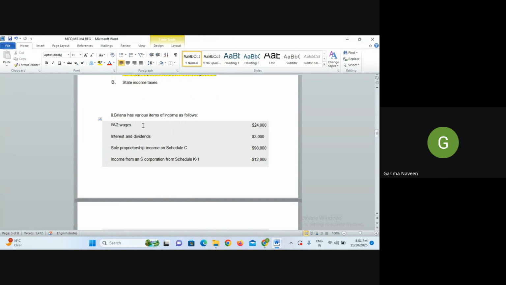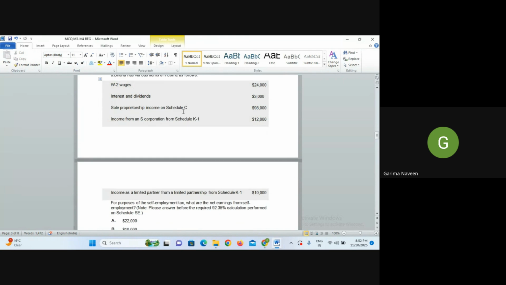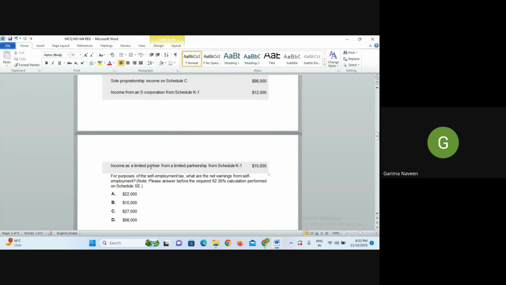Next is Brianna has various items of income as follows. She is getting W2 wages, interest and dividend, sole proprietorship income on Schedule C, income from S corporation from Schedule K1, and income as a limited partner from a limited partnership from Schedule K1.